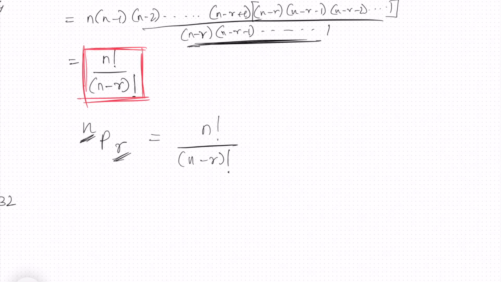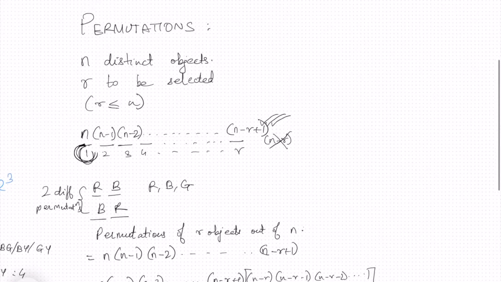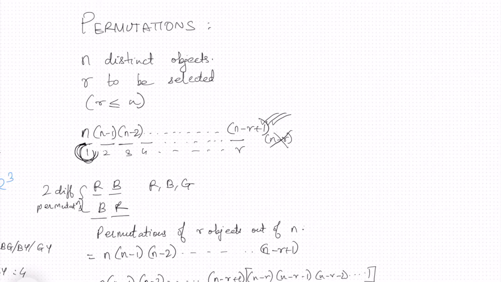So whenever you see nPr, it means the value of nPr is n factorial by n minus r factorial. So this is a permutation. If I take a different order of the same objects, then that counts as a different permutation.